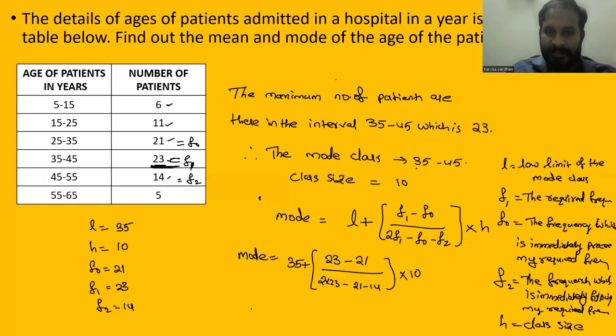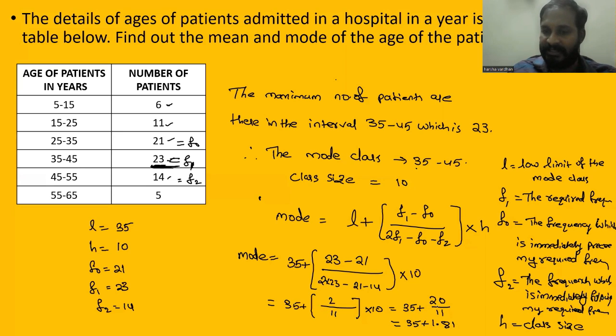Into 10, right? So now what happens to this? 35 plus 2 by 46 minus... if you want, you can write one more step, but I will conclude it because there is no place for me here. So what happens to this? 35 plus 20 by 11, that is equal to 35 plus 1.81.